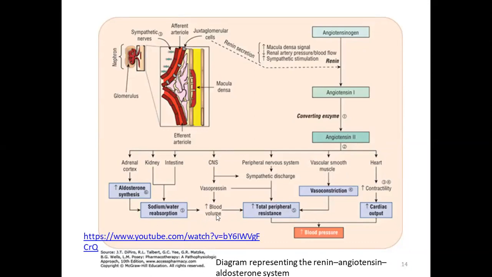Then by increasing the blood volume, it can increase total peripheral resistance or cardiac output in such a way that it can increase the blood pressure. So this is how the body regulates blood pressure.